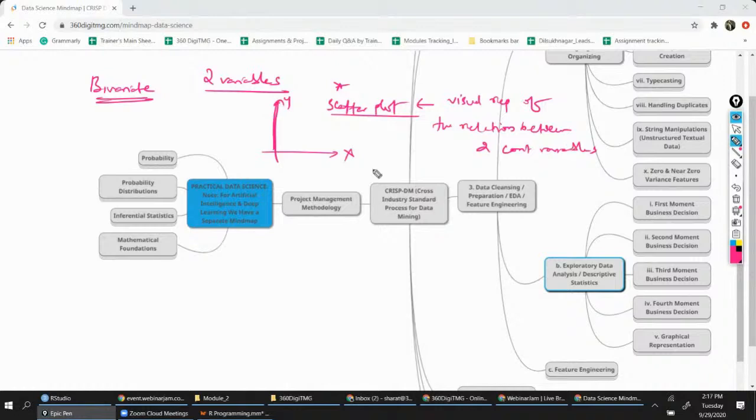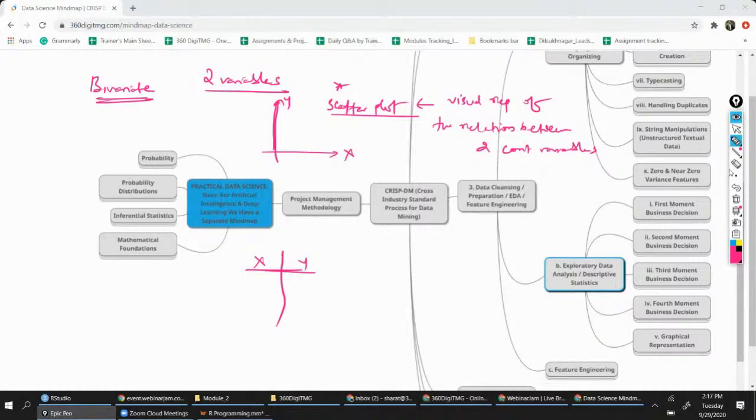Right, so we have two variables, x and y, or x1 and x2. We plot this data on x-axis and y-axis, and this visualization will help us to interpret the relationships.